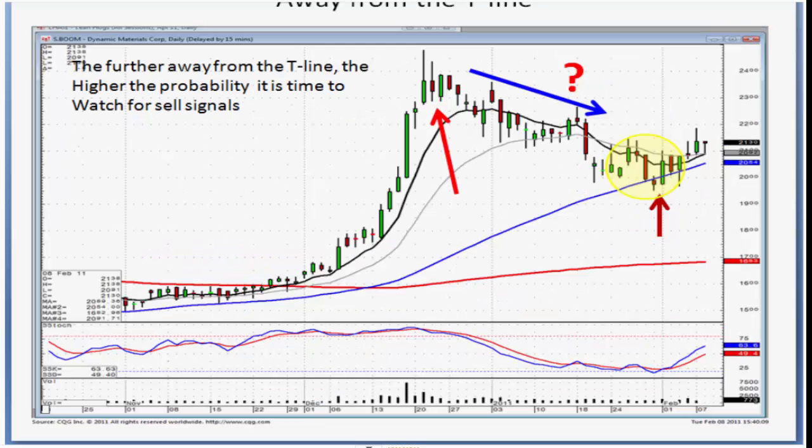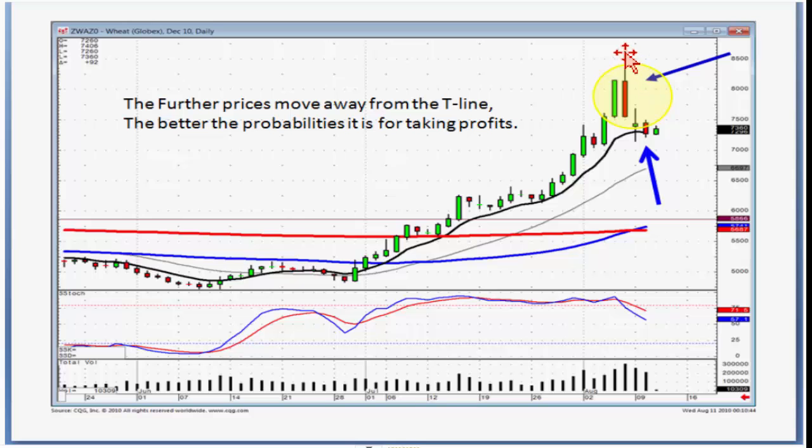If I'm up here and I know I'm that far away from the T line, I flip to my 10-minute chart, which may look just like this. And as soon as I see a sell signal and a close back below the T line on the 10-minute chart, I know it's time to take profits, because probably the daily chart's going to come back and test that level.